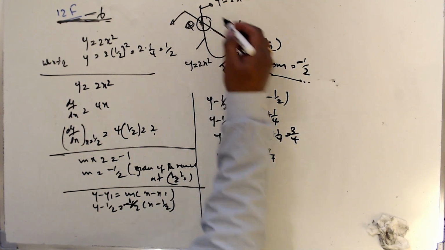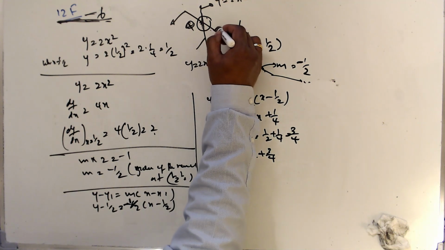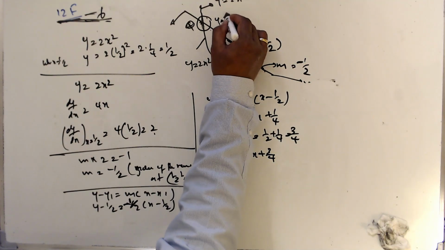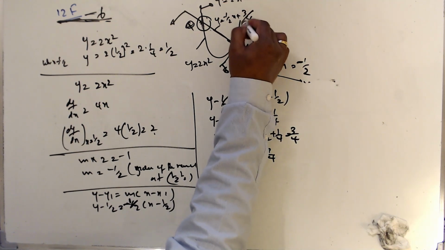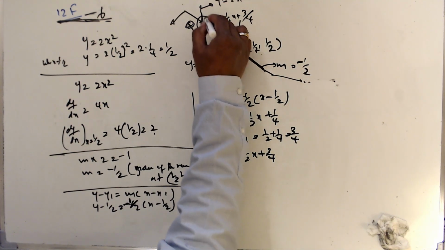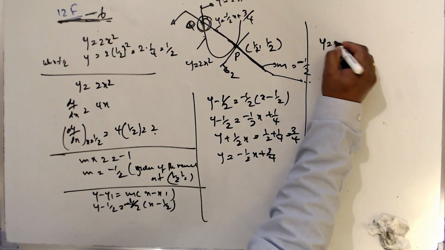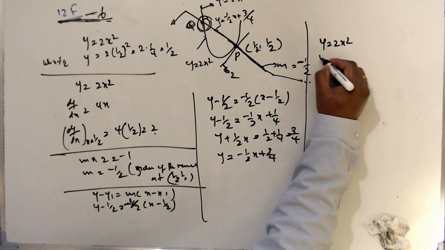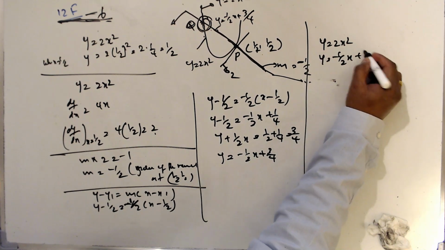Now we know the equation of this line, y equals minus half x plus 3 over 4. When we solve these two, I get this point. So now we'll start solving. y equals 2x squared, and y equals minus half x plus 3 over 4.